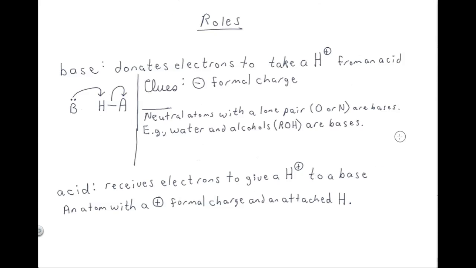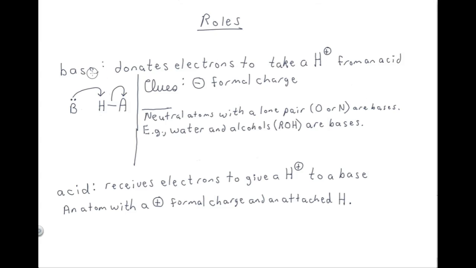Now, before we finish this video, there's a few other details that would be useful to understand about acid-base reactions before we start applying this to SN1 reactions. We need to understand that there's a difference between strong bases and weak bases. Remember that a base is something that wants to take a proton.